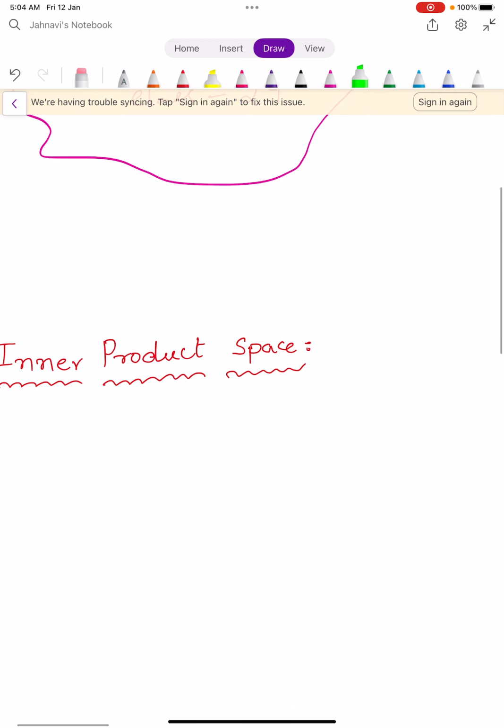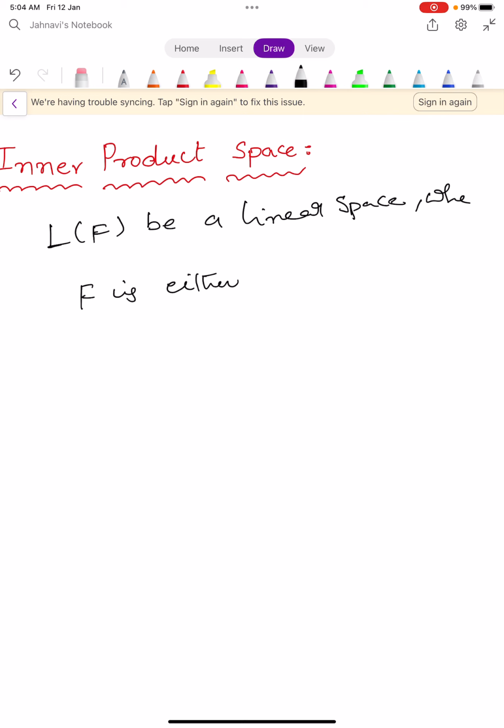So let us see the first definition, inner product space. Let L(F) be a linear space, where capital F is either the field of real numbers or complex numbers.